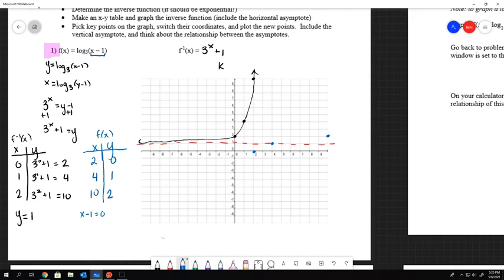So we say x minus 1 equals 0, and if we add 1 to both sides, x equals 1, there's the equation for our vertical asymptote, which would be this line right here. And then we can finish graphing.